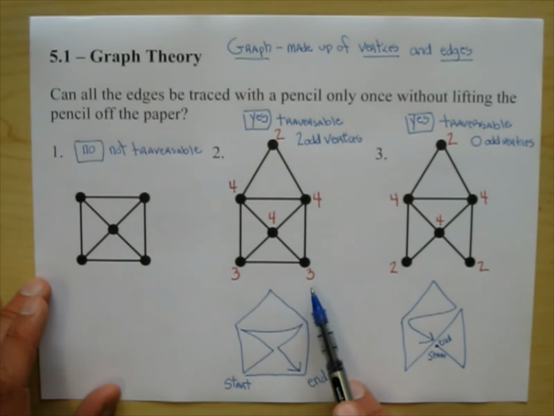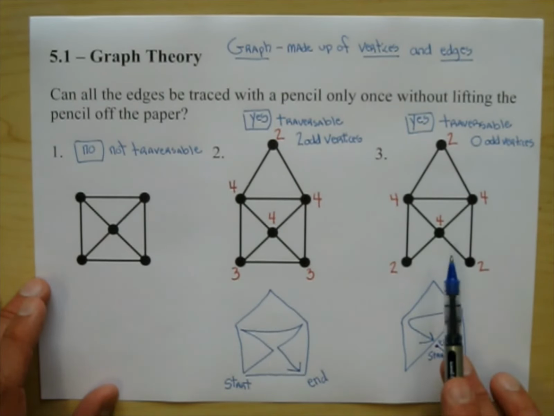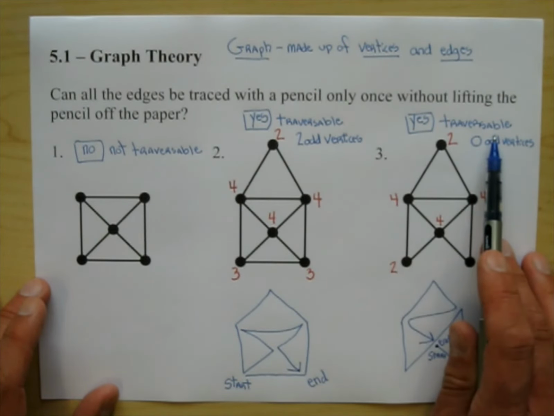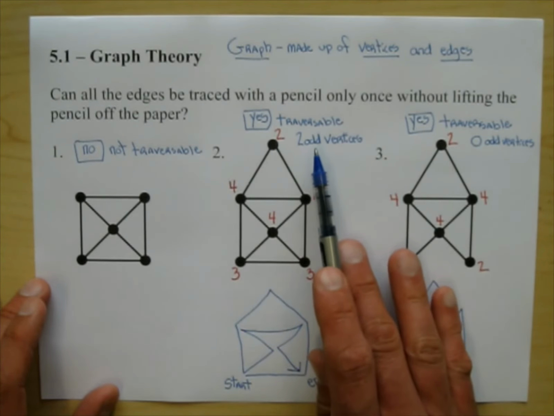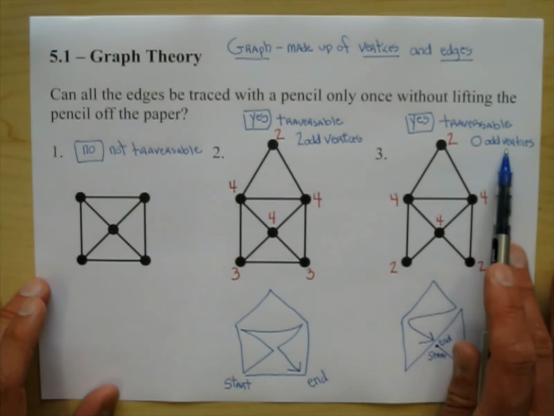So I could have started there on the bottom right vertex. If I was careful, I would have ended at the bottom left vertex. So that's how you do these things. Your graph is traversable. That means it has this property, which I don't have to keep saying. If your graph has 2 odd vertices or 0 odd vertices.